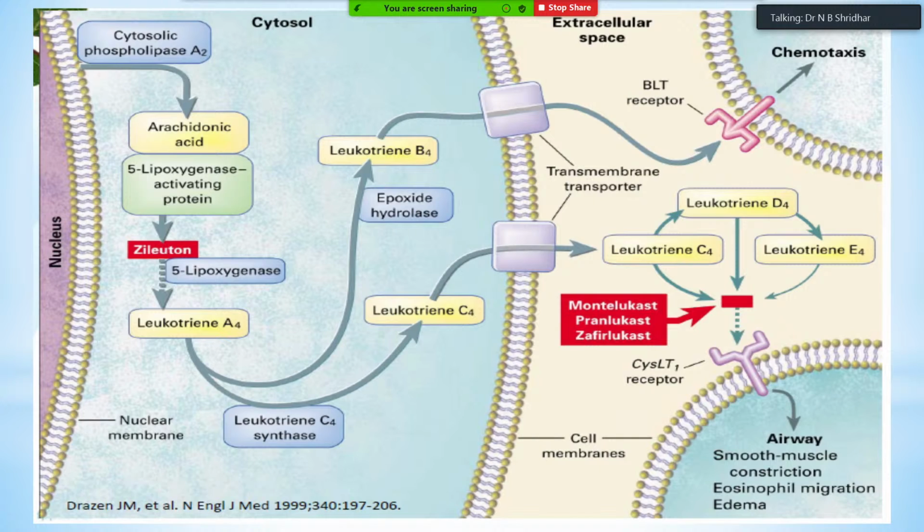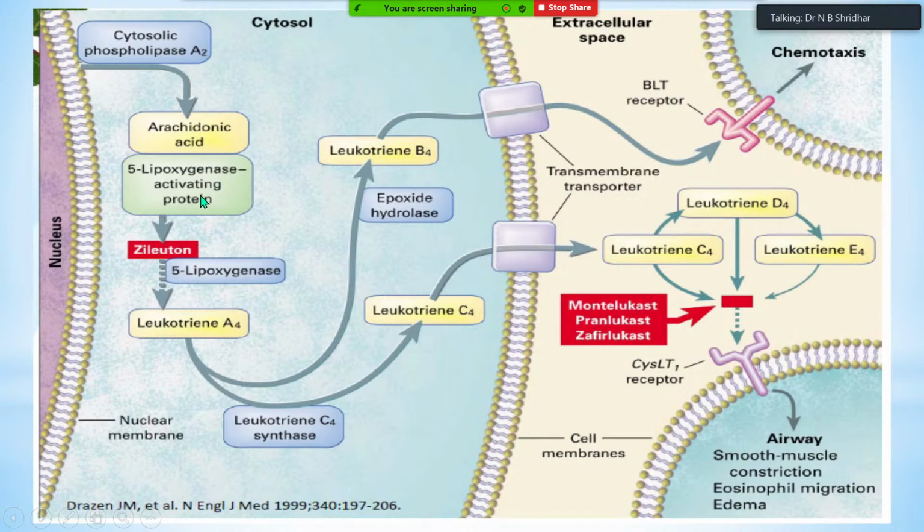Here also a similar type of chart is prepared, and some of the drugs like zileuton act at different sites. Here you can see the nucleus and the cytosol of a leukocyte, where the cytosolic phospholipase A2 will convert membrane phospholipids to arachidonic acid.